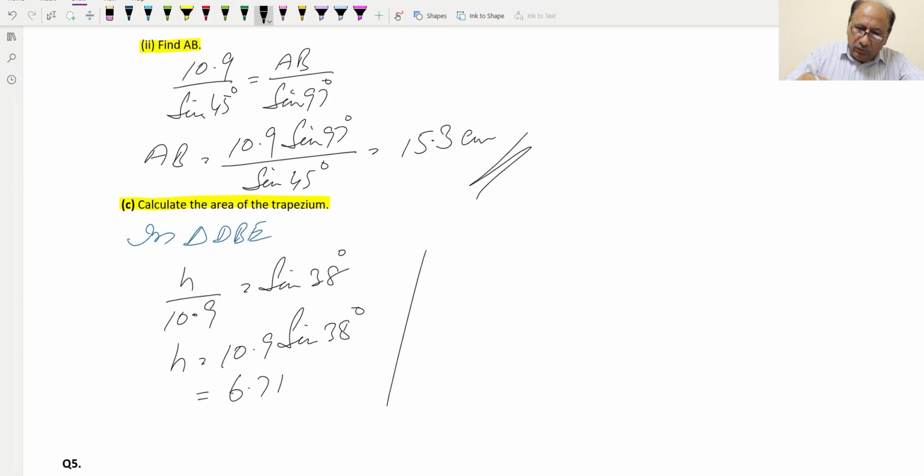So the formula will be area of trapezium.